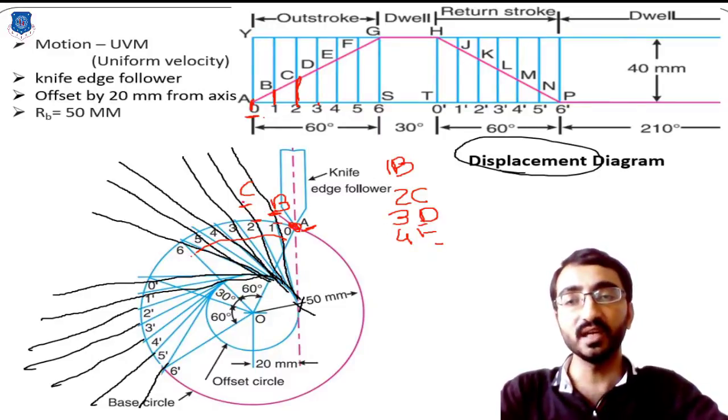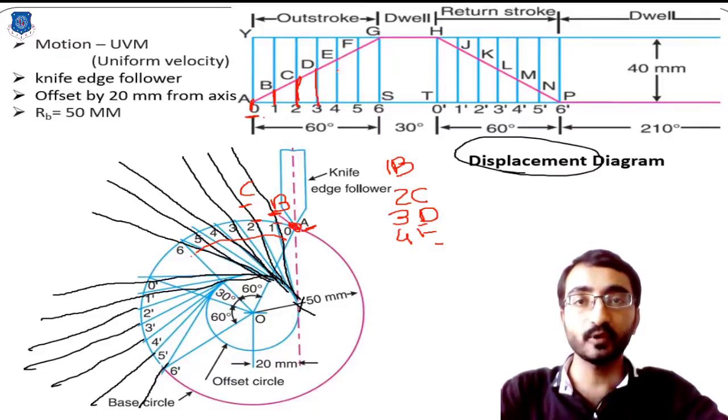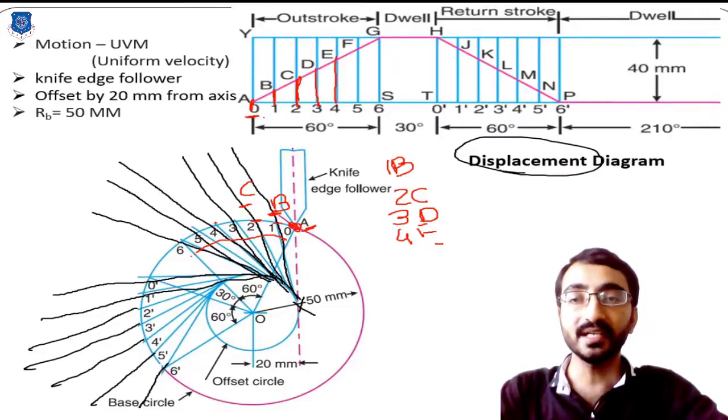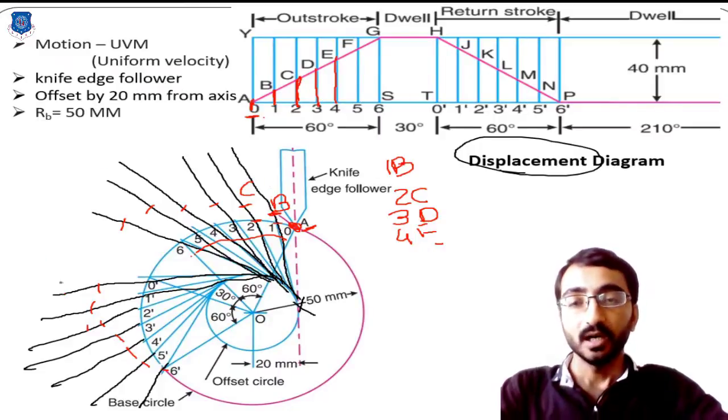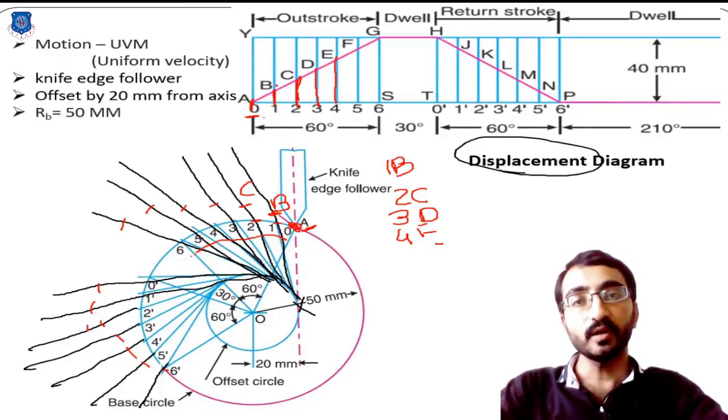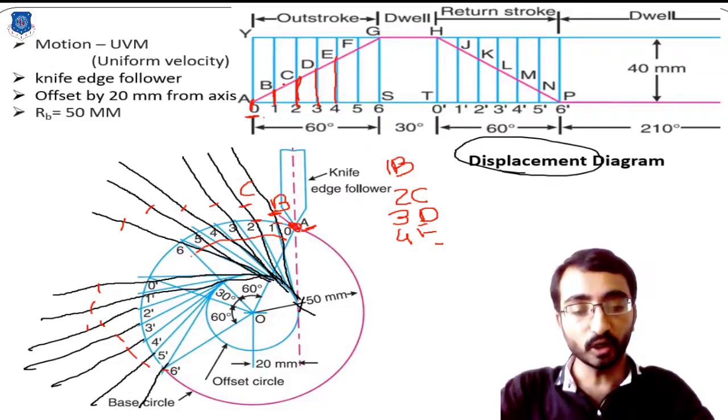So in this way you will get different points by measuring the distance from your displacement diagram and making arcs on the tangent lines, and that will give you point D, point E, point F and point G. Similarly, points H, I, J, K, L, M and N. Okay, so in this way you will get the complete set of points of your cam profile.